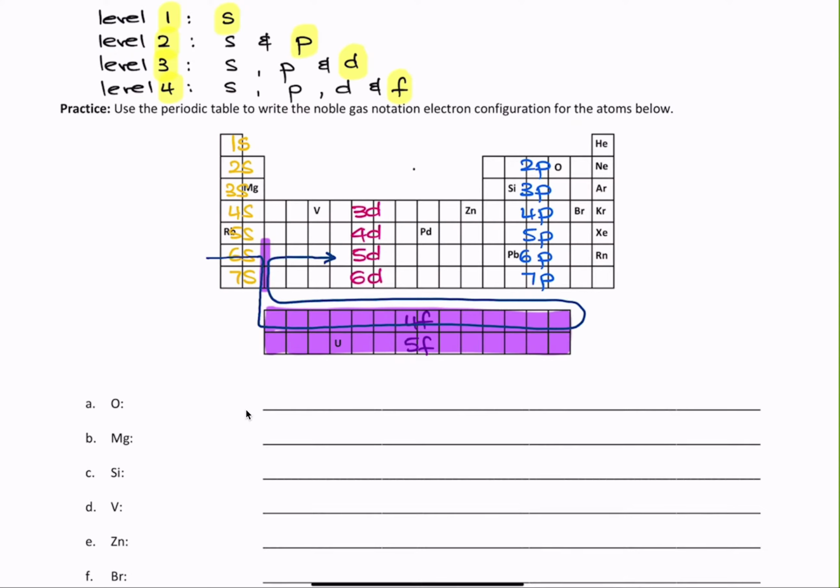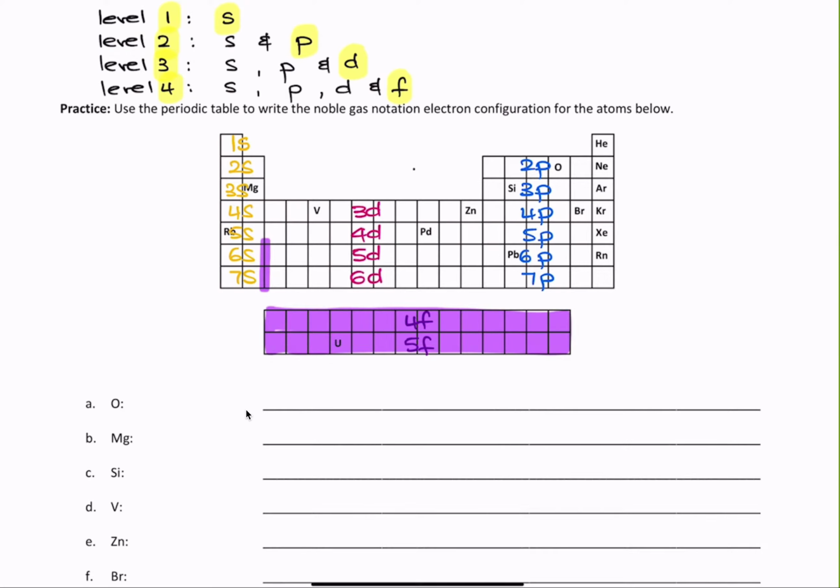That's why I will fill the 4F after the 6S, but before the 5D. Very similarly, if I enter the 7S, I need to go through the 5F before I can enter the 6D. Really wanted to remind you of this.